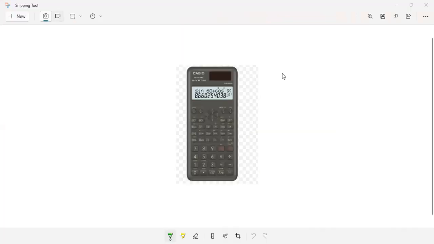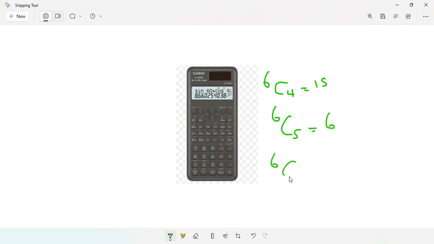So 6 combination 4, you press 6 combination 4, then equals, you get 15. About 6 combination 5 is what? 6. And 6 combination 6 is what? 1.